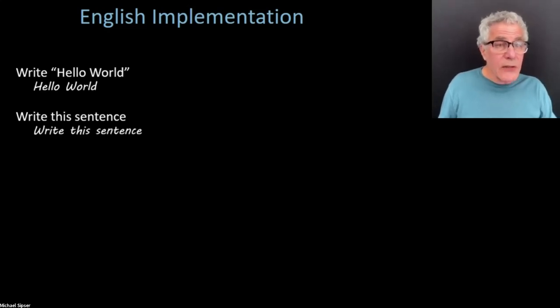This is the kind of thing I'm looking for. Here is a sentence which instructs the reader to make an exact copy. But I don't like this one, even though it does, in a sense, what I'm looking for, because it kind of cheats. When it says this, it refers to the entire sentence itself.